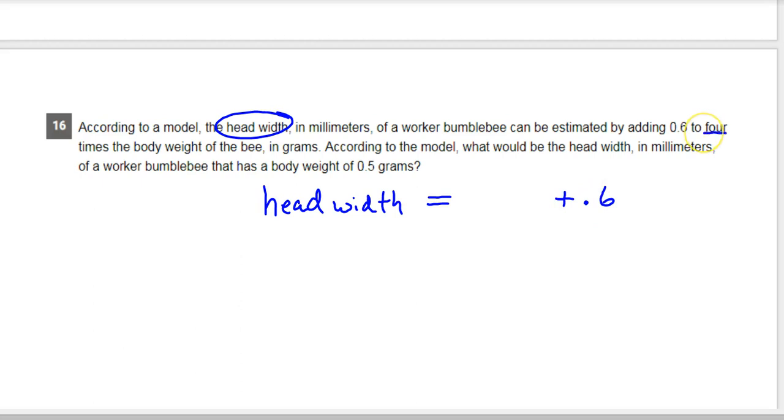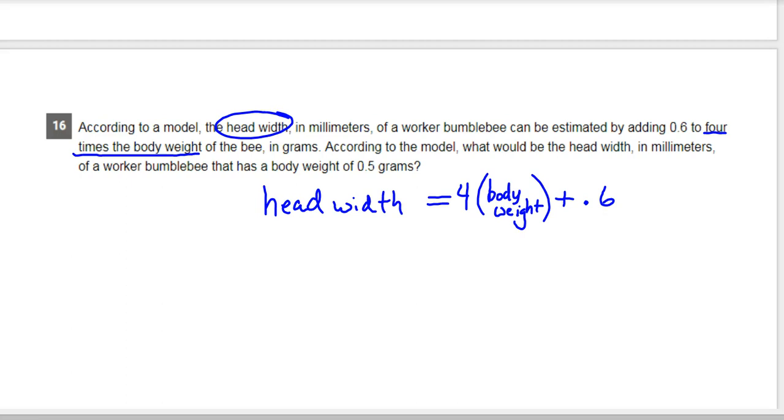It looks like I add it to 4 times the body weight. So if I go 4 times the body weight and then add 0.6, that will give me the head width. So I think I have a pretty good equation going on there.